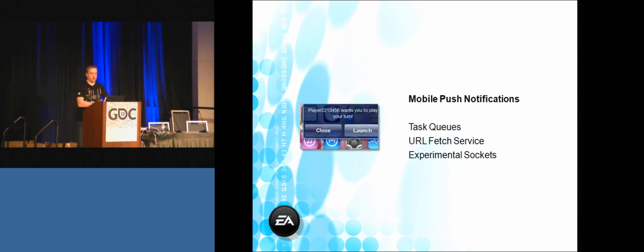Next feature, mobile push notification. Mobile push notifications are a complex beast to integrate in your application. Basically, because there are a lot of particularities with all the different mobile platforms out there.